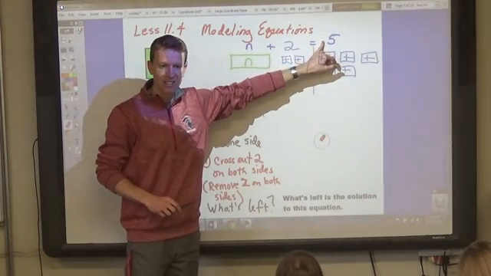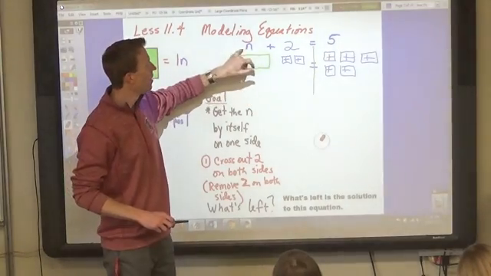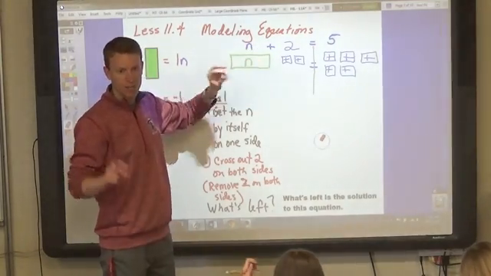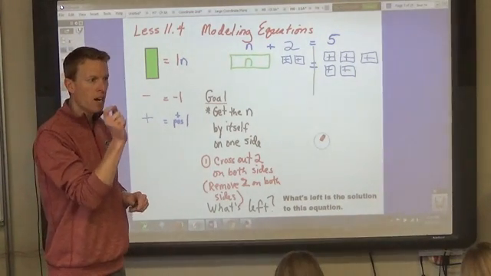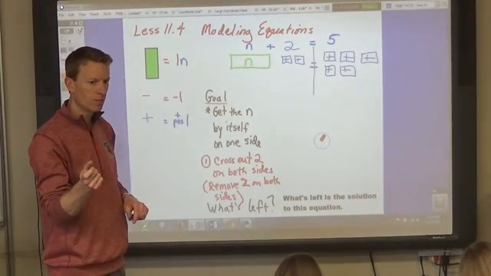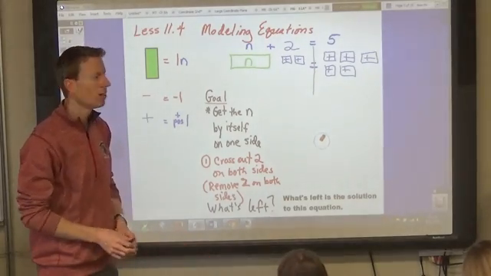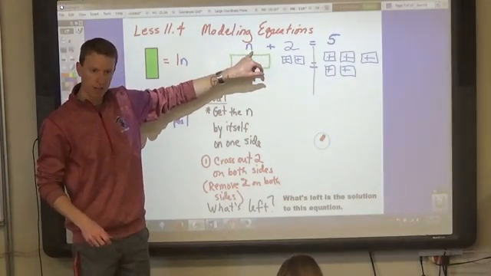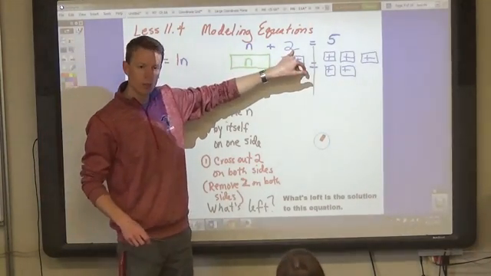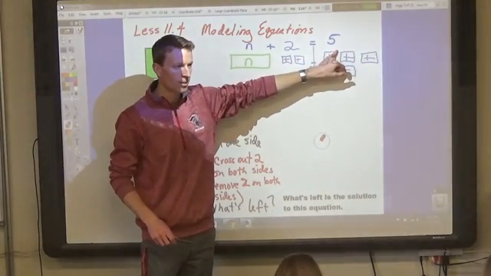Is n the number that we're writing n for? Remember when we wrote that a number plus 2? You can make it whatever number you want. Well, you can't in this case, because we know that this number plus positive 2 equals 5.